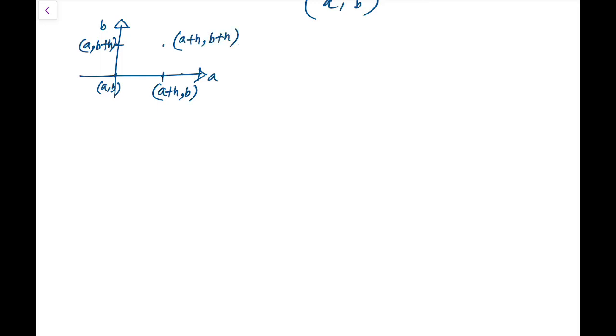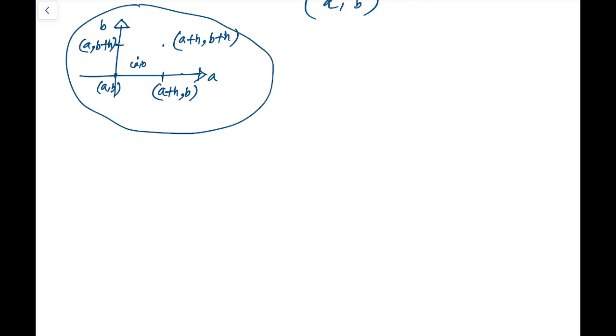So basically, for imagining the things, suppose this is the direction of a, this is the direction of b, then if this point is (a, b), then this is (a plus h, b), and this is (a, b plus h), this is (a plus h, b plus h).